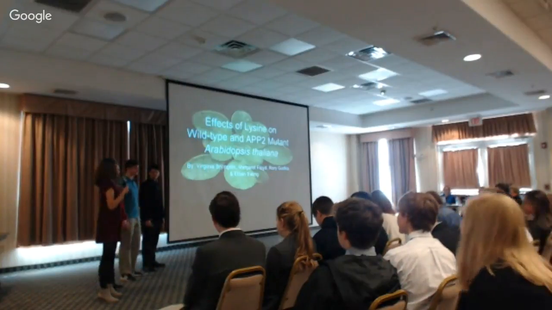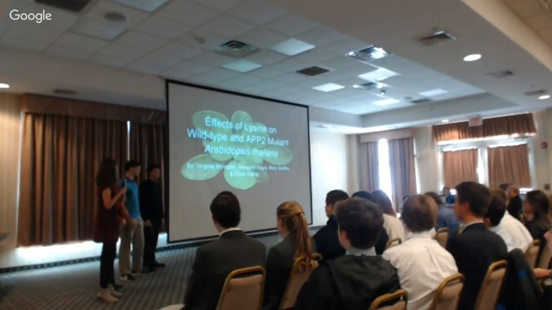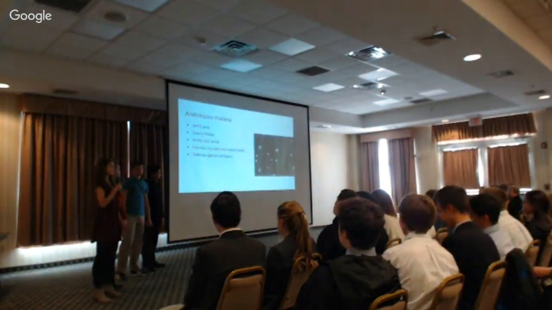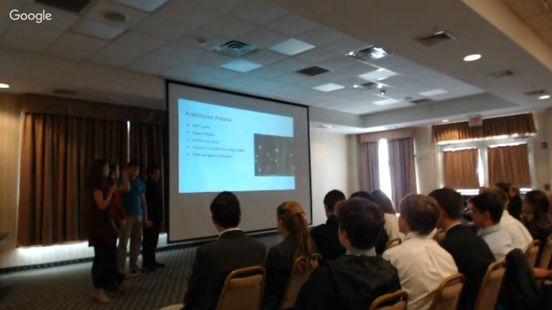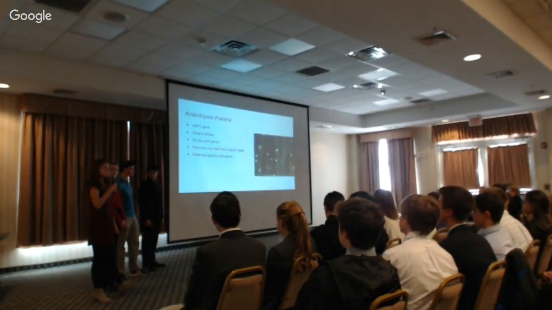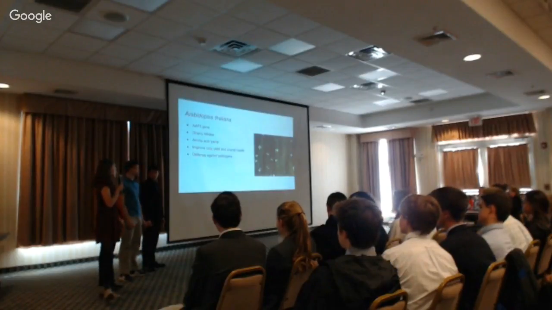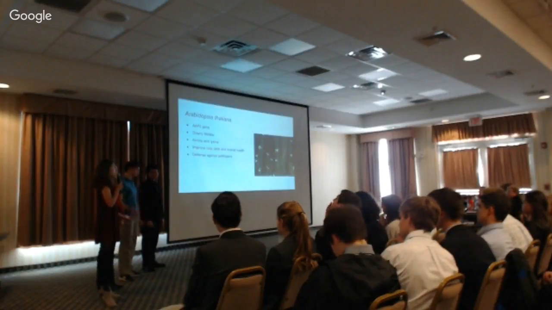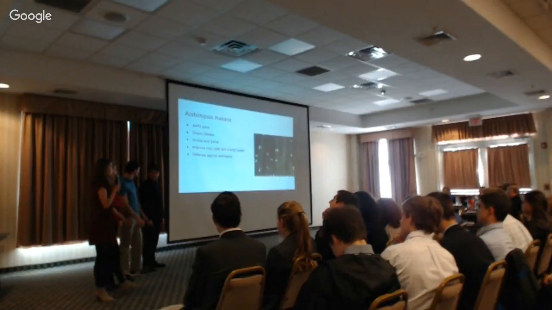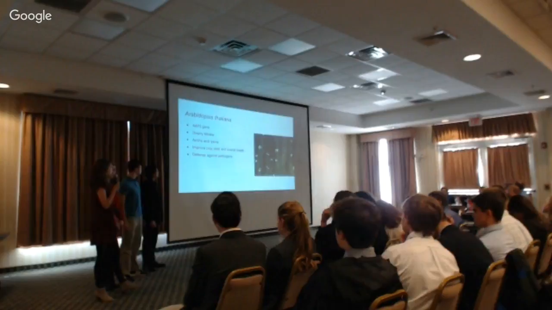My name is Daisy. This is Jenny. This is Rory, and this is Eva. So we conducted an experiment to determine the effects of disabling the AAP2 gene on Arabidopsis thaliana plants. The AAP2 gene is an amino acid protein pump that helps to distribute the nutrients throughout the plant.